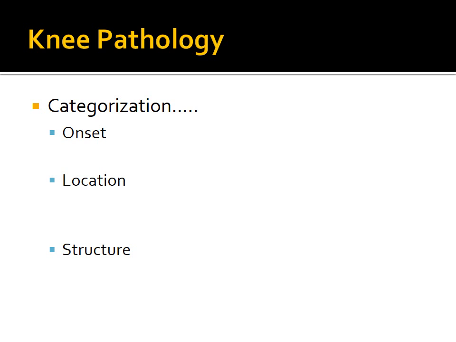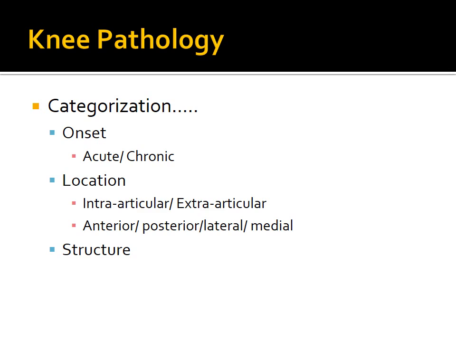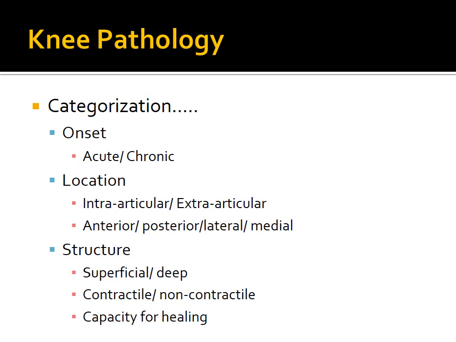Within these categories, you can also group similar pathologies by their location, intra or extra-articular, and recall that injuries to the intra-articular structures will usually cause a joint effusion to develop. Knowledge of what potential structures are in the different zones of the knee, whether it's anterior, posterior, medial, or lateral, will also be useful for differential diagnosis of a patient's pain source.